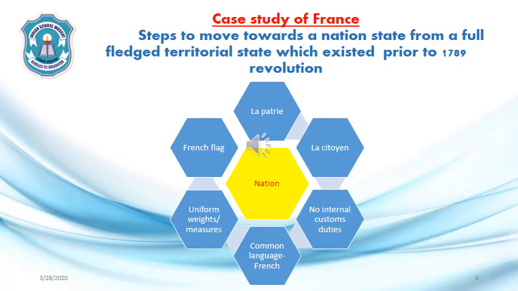So by and large, all those changes that took place after 1789 developed a strong feeling of nation states in France, and French people thought these ideas should be spread to other parts of Europe too, because other parts of Europe were ruled by monarchs.